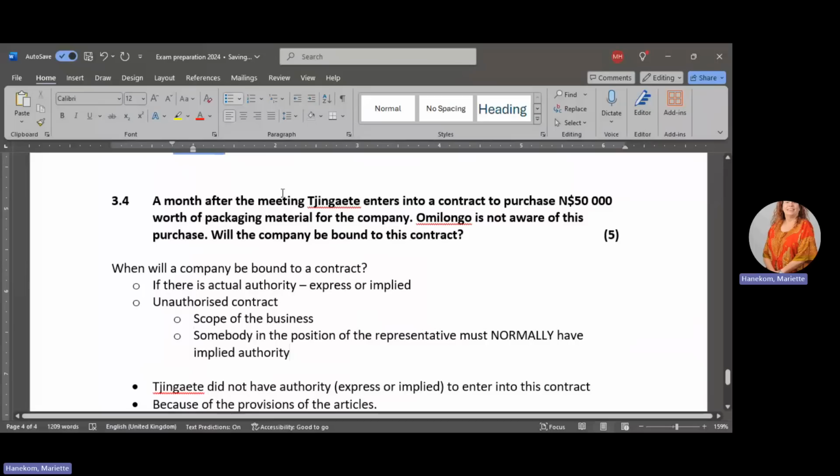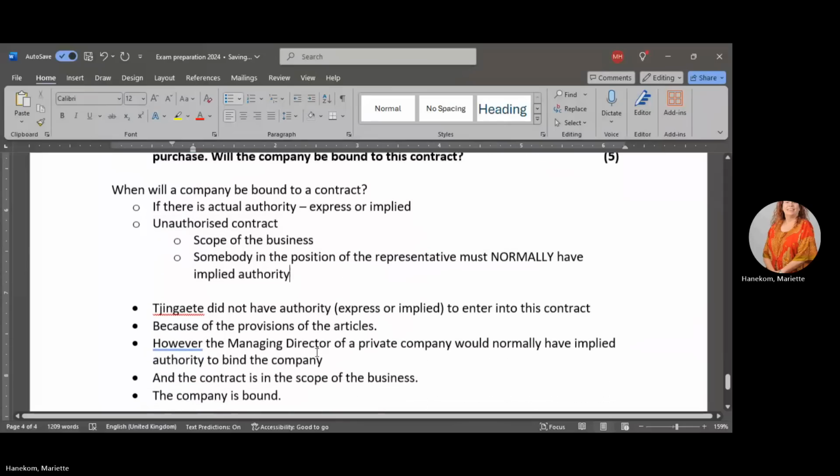But in this particular instance, they don't, because the contract is unauthorized.